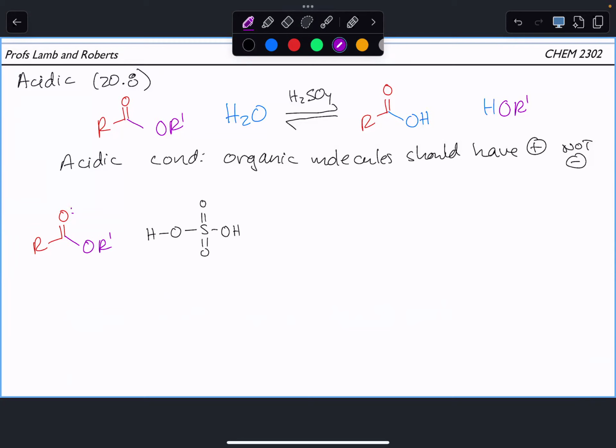We're making a stronger electrophile. So this is our first proton transfer step. All we did was a proton transfer to make a stronger electrophile.